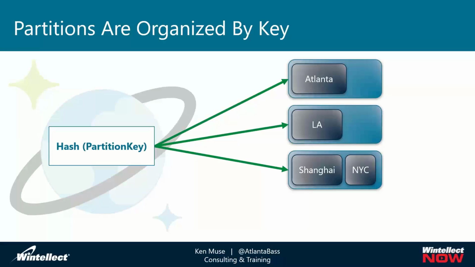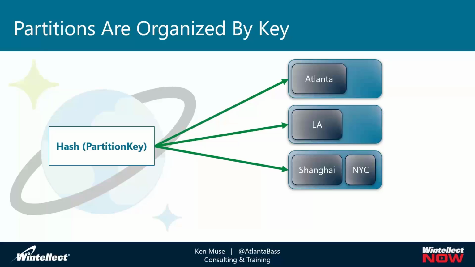So as I mentioned, partitions are organized by that key. In this case, I've got 3 partitions, each one containing a number of cities. When I want to add something into CosmosDB, it's going to hash my partition key, giving me back a number that I can use to then quickly figure out what is the physical partition holding that information. So let's say that I want to write another record for New York City into this partition.